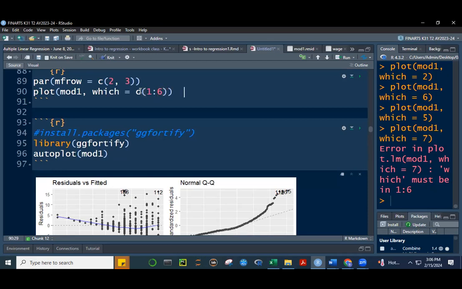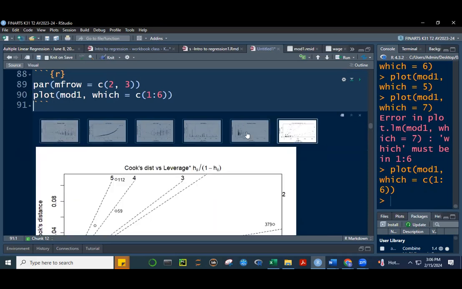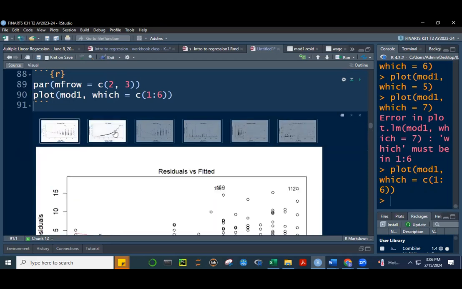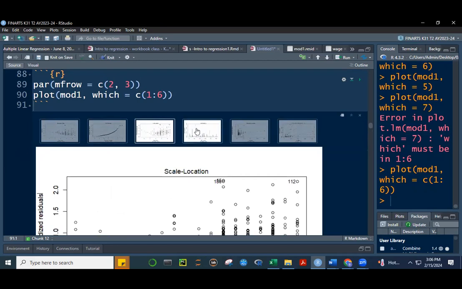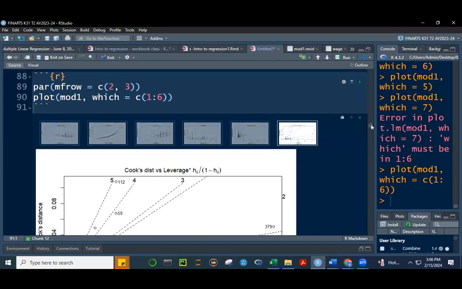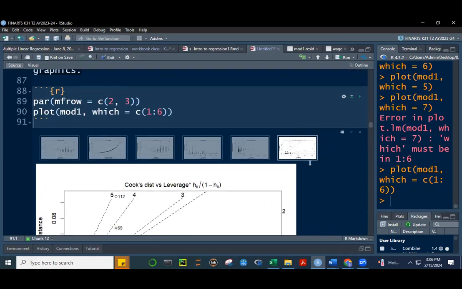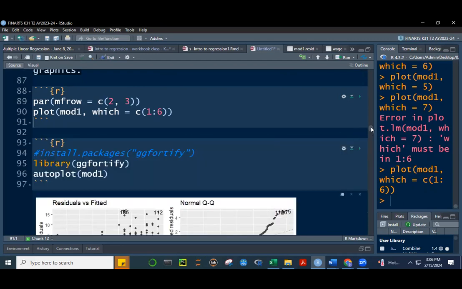Okay, so if I define all 6, it will give us 6 plots here. 1, 2, 3, 4, 5, 6. 6 plots about the residuals. Okay? I will discuss this, as I said, in greater detail when we go to the final model.